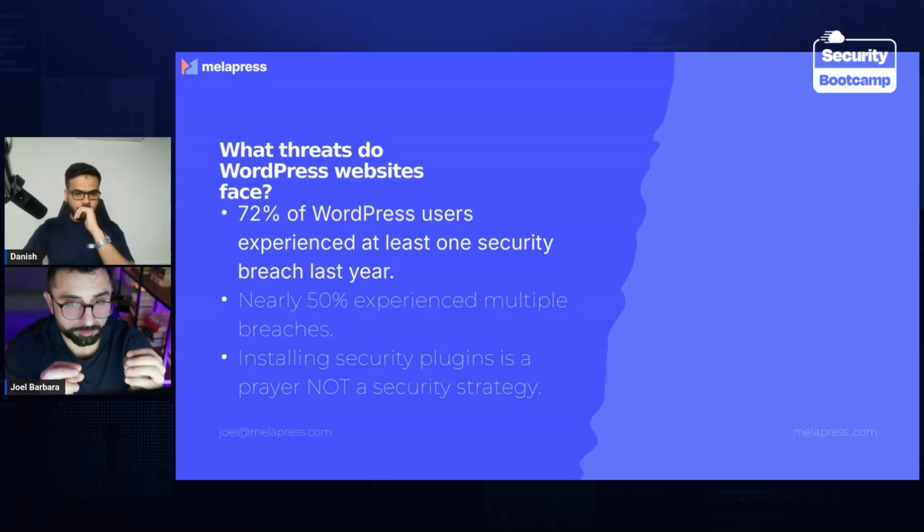So threat models such as Stride have been developed to address threats in the real world, which is why they are important. A few slides ago, we saw what are the threats that IT systems face from the NIST definition, but what are the threats that WordPress websites face specifically? There's a number of them.